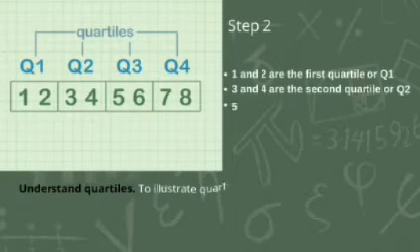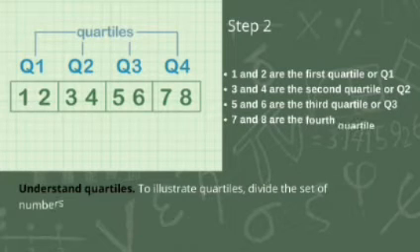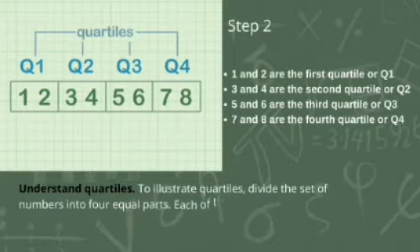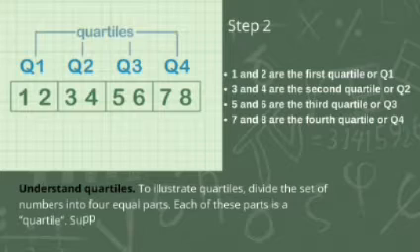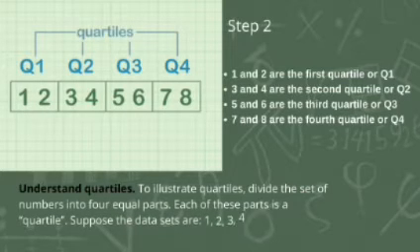Step 2. Understand quartiles. To illustrate quartiles, divide the set of numbers into 4 equal parts. Each of these parts is a quartile. Suppose the data set is 1, 2, 3, 4, 5, 6, 7, and 8.